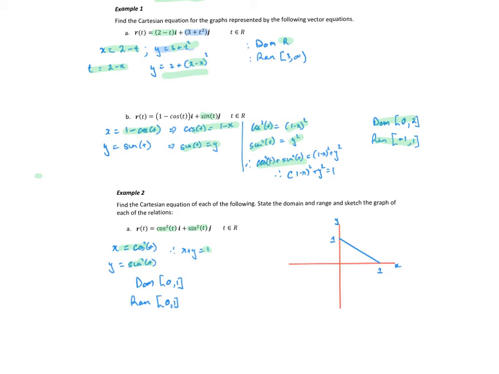So there's my straight line graph, x plus y equals 1, or y equals 1 minus x. But don't forget, the range of cos squared t is 0 to 1. So there's my domain. And the range of sine squared t is 0 to 1 also. So there's my range.